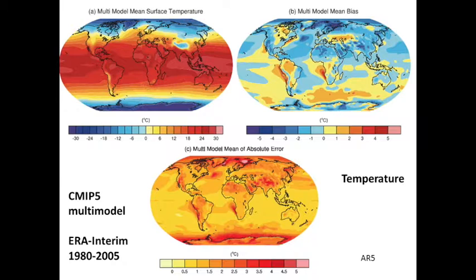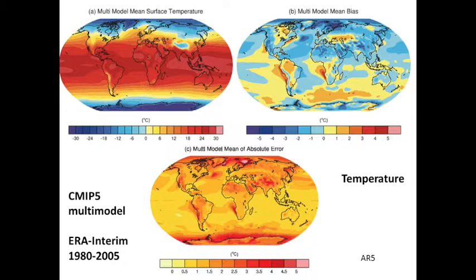And here is temperature. I'll talk about precipitation in the other slides. So here we can see many places where the temperature is overestimated by the model. That is the red and yellows. And the blues are the places where the model underestimates.